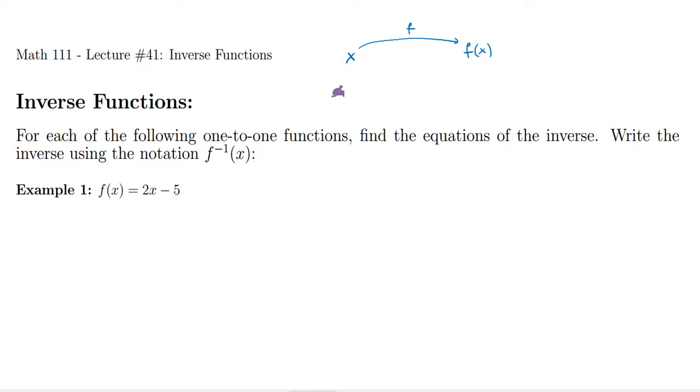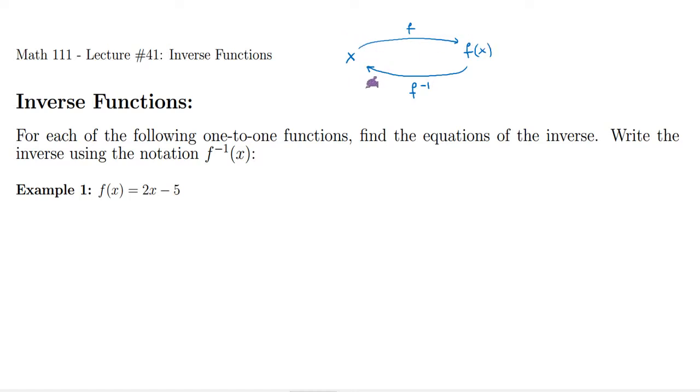And inverse functions, if they exist, only exist for one-to-one functions, but what they're supposed to do is essentially undo the action of f. So what you get here is this relationship. If I think of f as a function, then its inverse goes from the set of output values back to my domain.